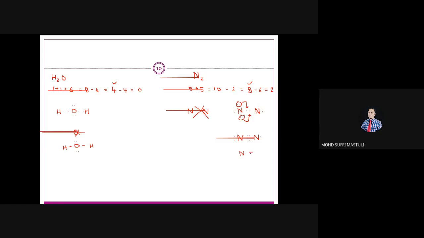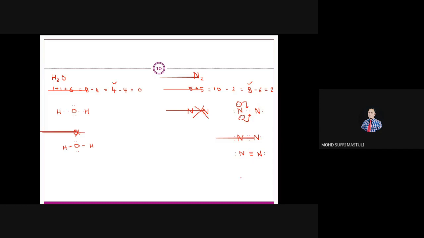For this particular nitrogen, we have one lone pair and one bonding pair. Even though it's a triple bond, we call it one bonding pair.